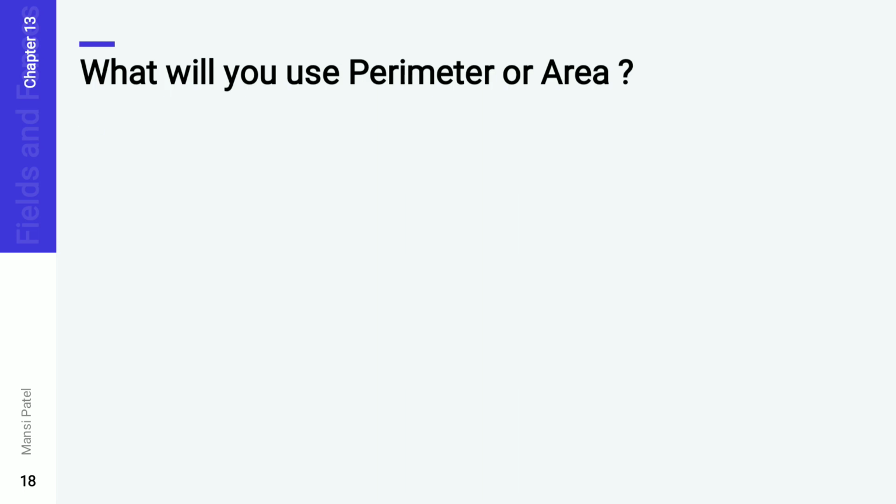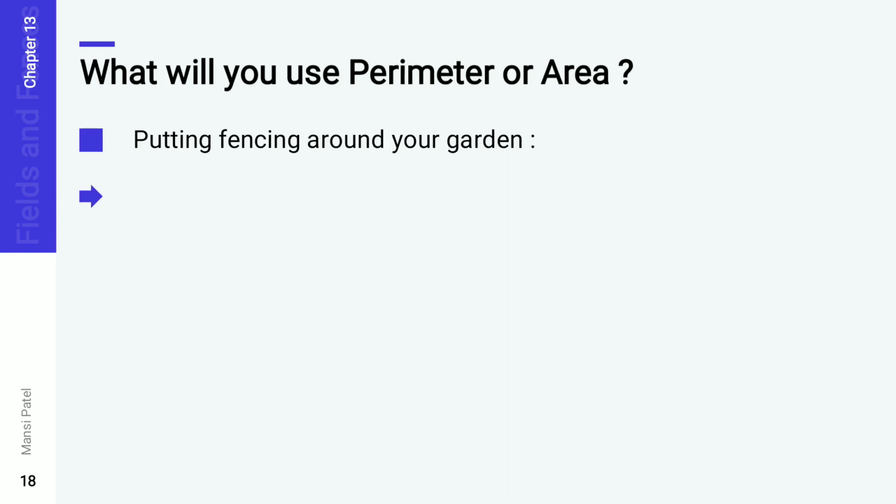So let us see the first situation: putting a fencing around your garden. In your garden, you have to put fences. That fence you are putting outside of the garden. So in this case, you have to find the perimeter.